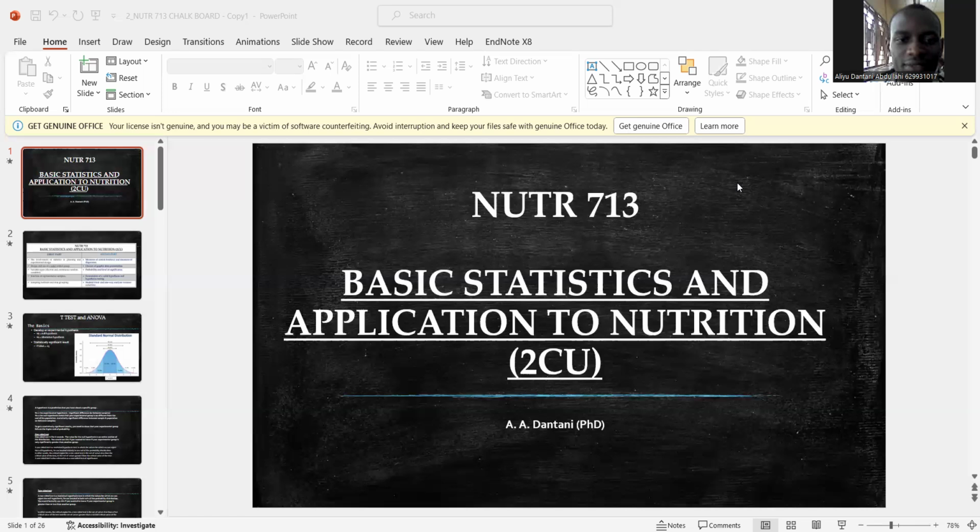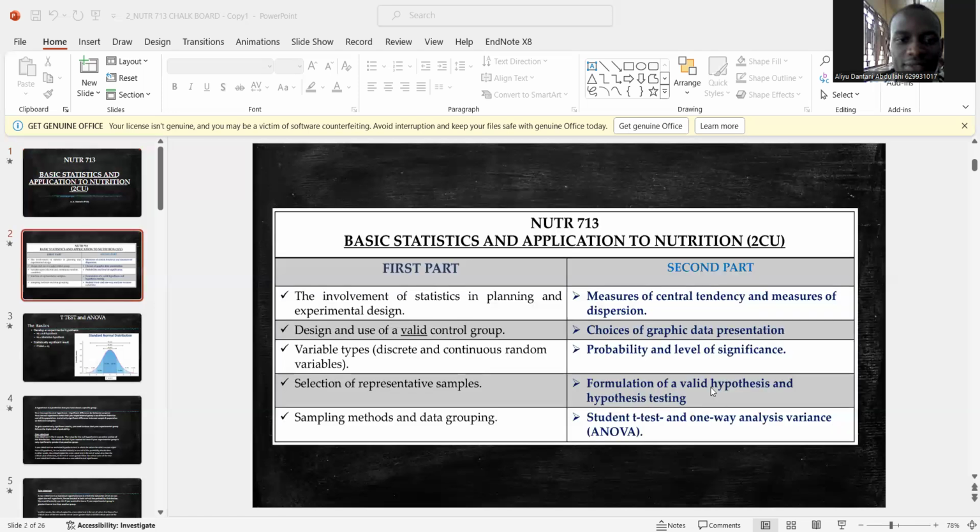And then I also tried to highlight the importance of measures of dispersion in data analysis. So today we're going to be focusing on probability and level of significance and the formulation of valid hypothesis and hypothesis testing.